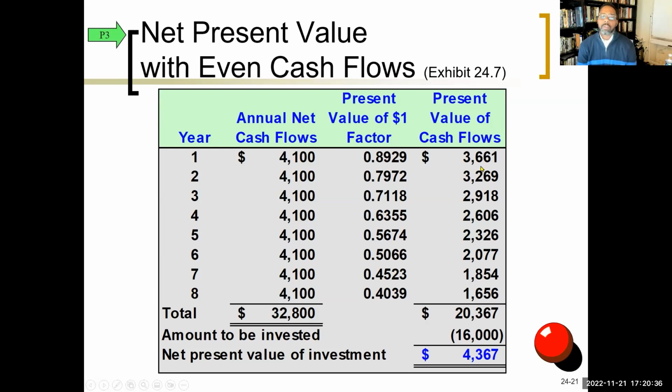So what this is saying for year one is, if I gave you $4,100 a year from now at a 12% interest rate, what is it worth today? What it's worth today is $3,661.